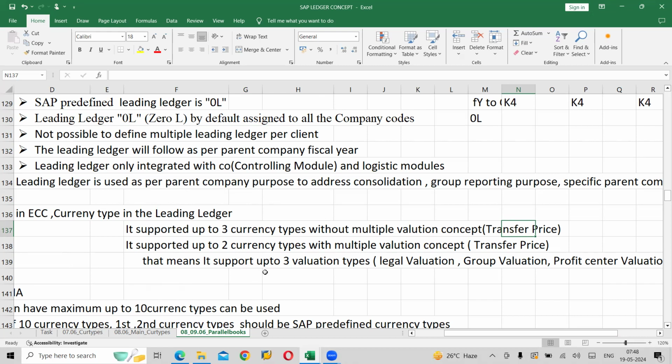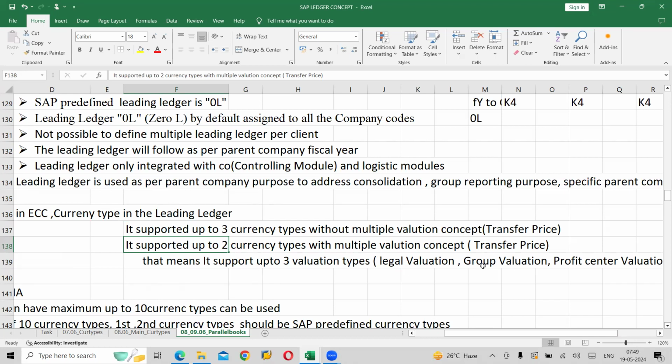Next, it supports up to 2 currency types with multiple valuations, like we used earlier in ECC. That's the reason we have taken a group currency and a local currency.